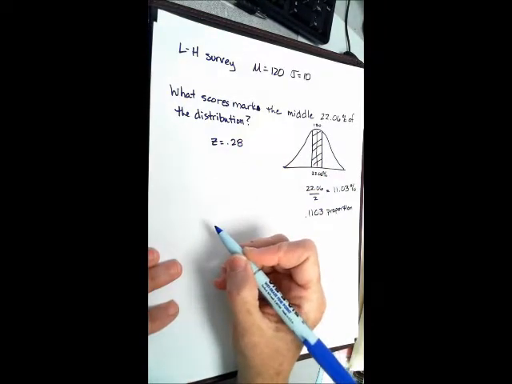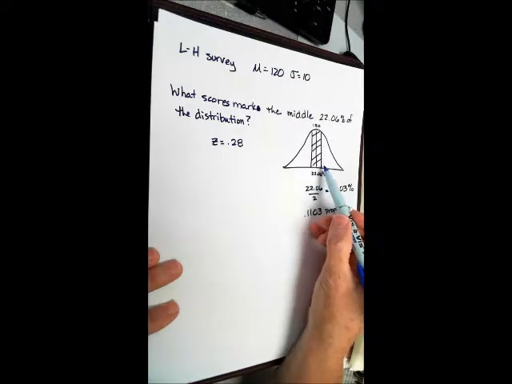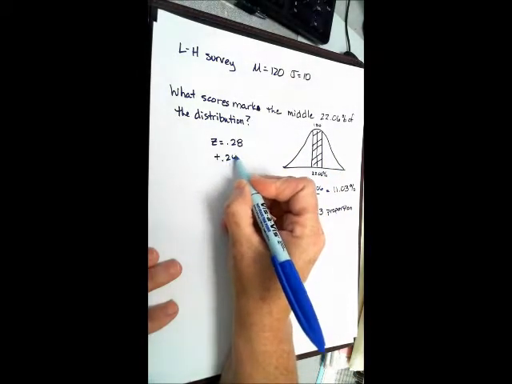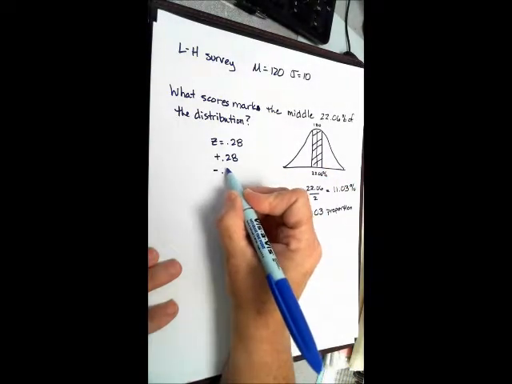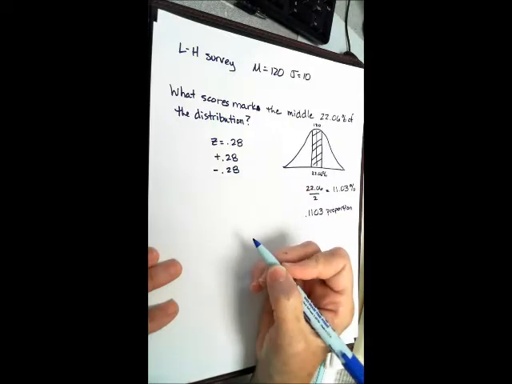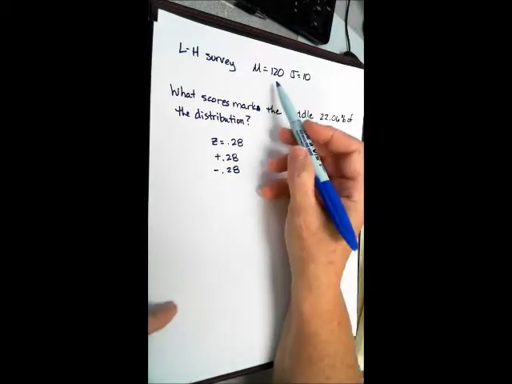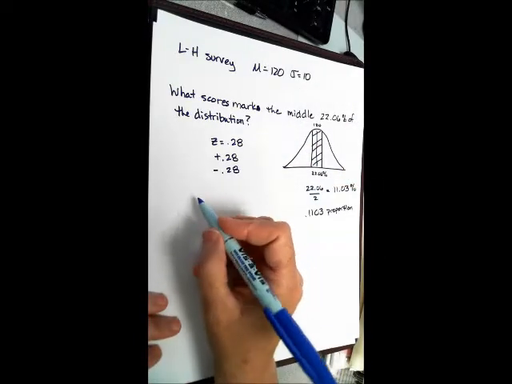Okay, so this is z, 0.28. All right, here's where it gets a little tricky. Keep in mind, one of those z's is above the mean, so it would be plus 0.28. The other z is below the mean, so it would be minus 0.28. Okay, we've got a z-score, we've got a population mean, we've got a population standard deviation. It's just like a problem we did previously. We're going to solve for x, but we're going to do it twice.